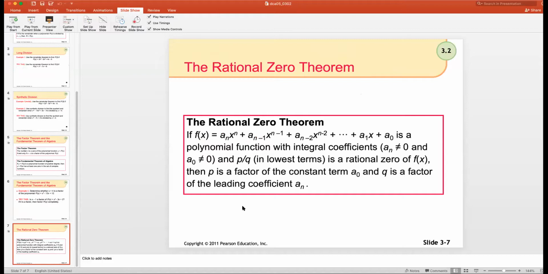Using easy expressions so that you can easily understand, because this is really important. So the rational zero theorem is this.